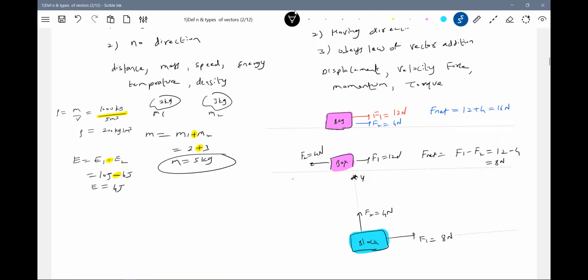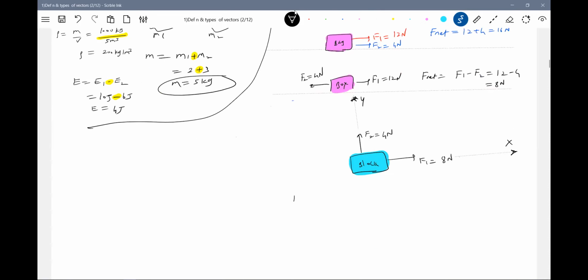Now I think here the trouble starts. What is the net force, what are you going to write? There is a scalar, what we all discussed. So in the third situation, the net force you are going to write is F1 along the x-axis plus F2 which is acting along the y-axis.